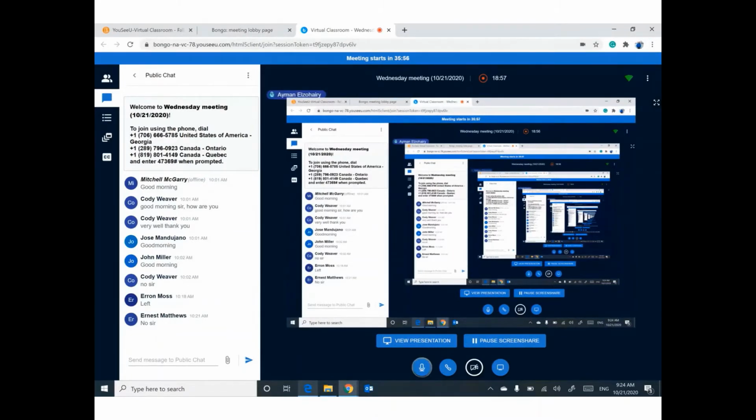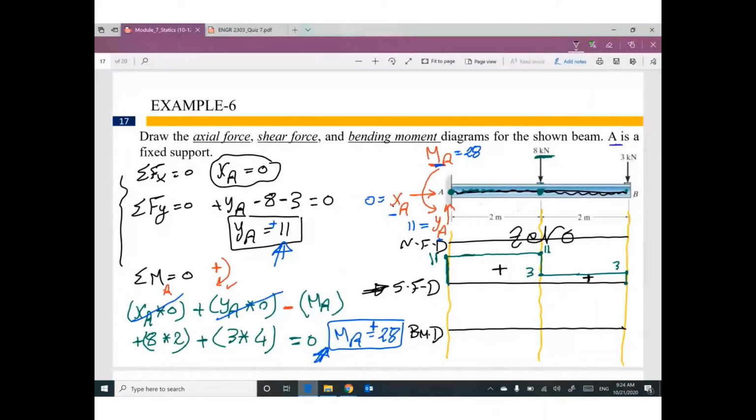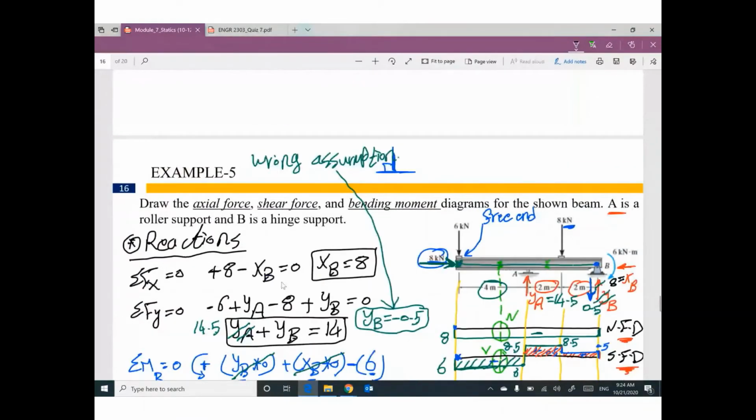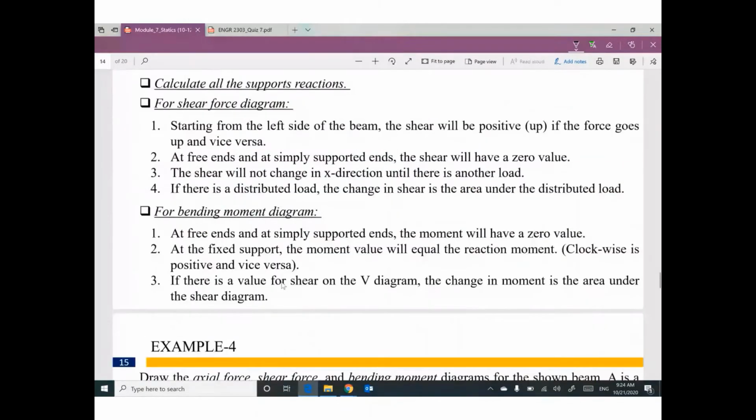Next step, I'm going to draw the bending moment diagram. But please go back to our rules for the bending moment diagram.